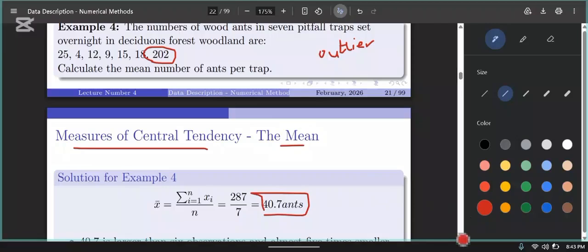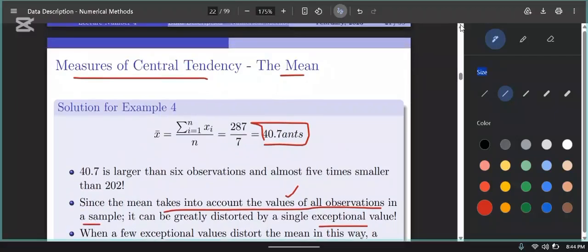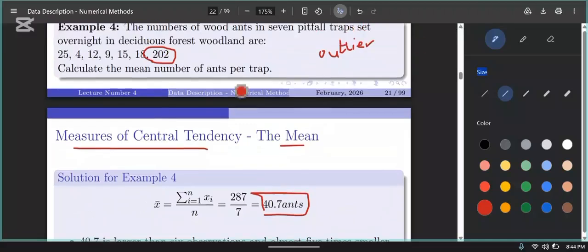So the advantage of the mean is that it takes into account all the values, but because of this, again, there's a weakness. If there is an outlier, the mean is distorted. So in these cases, we are going to employ another measure of central tendency, such as the median, which can overcome this. The median is not affected by such things as outliers.